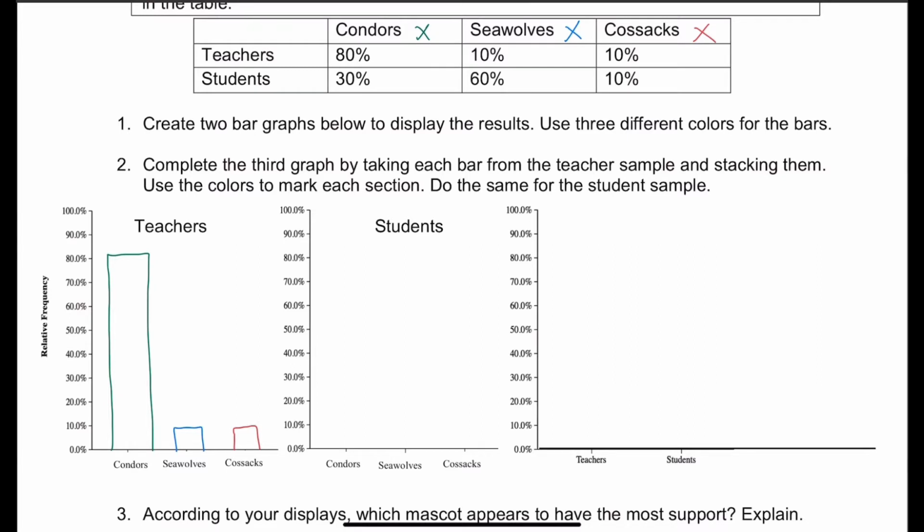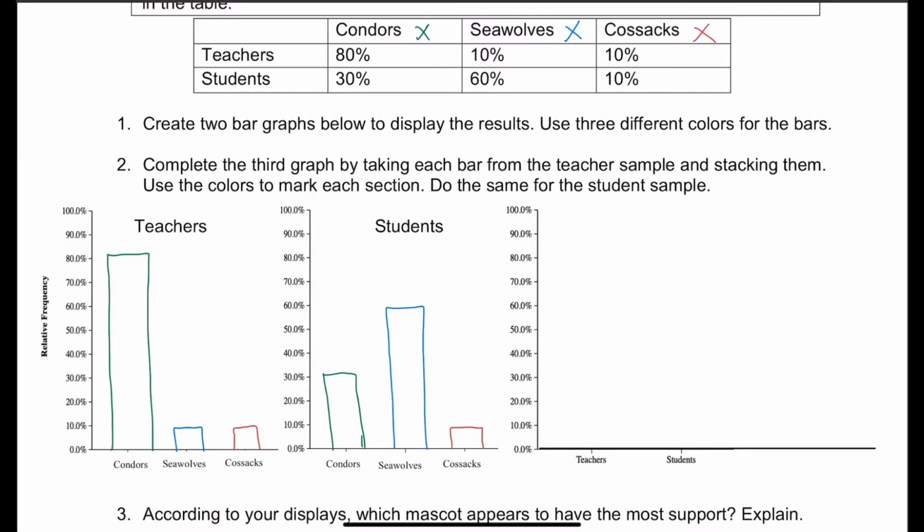We have 30% this time of the students who wanted the condors. Now 60% wanted the sea wolves, and for the Cossacks, only 10%. So this is just number 1, creating those two different bar graphs.